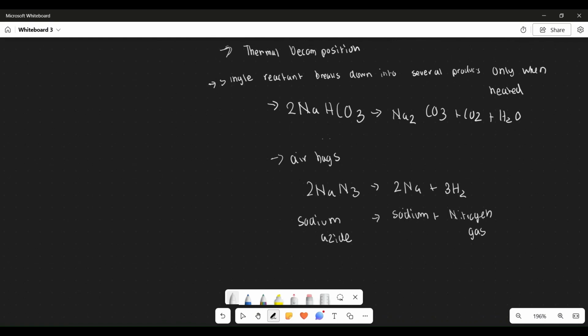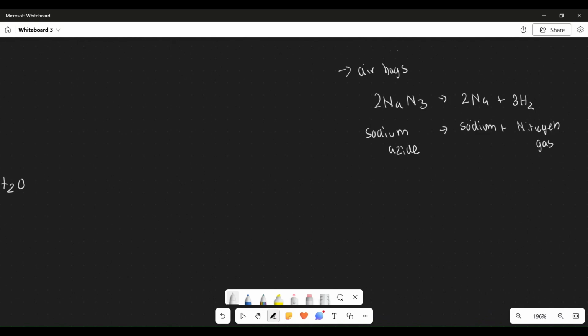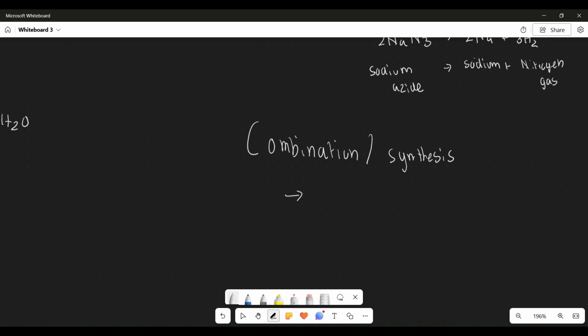Now we're going to move on to a combination or a synthesis reaction. This is the opposite of a decomposition reaction.